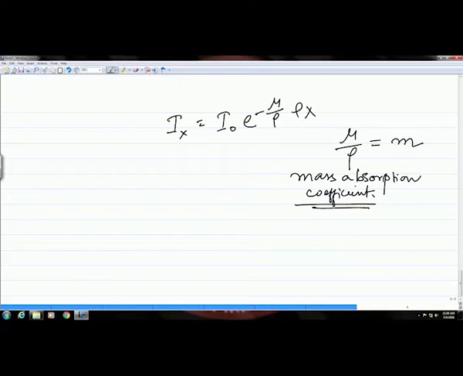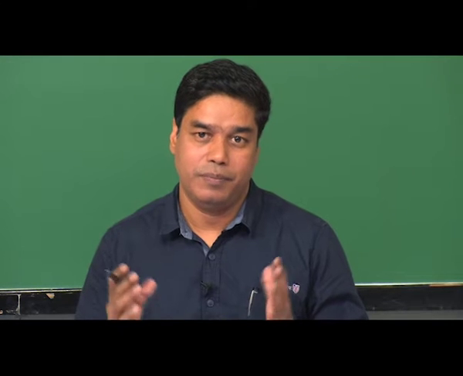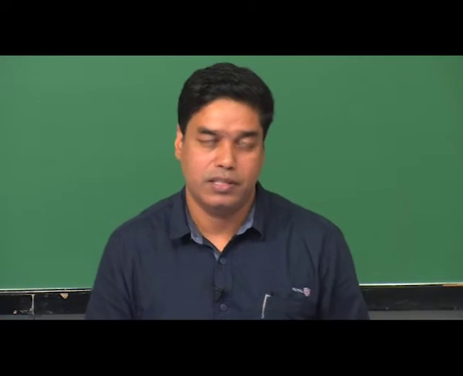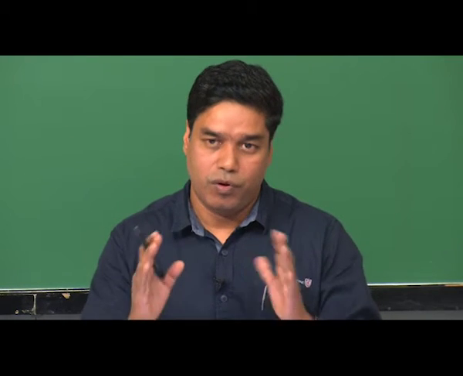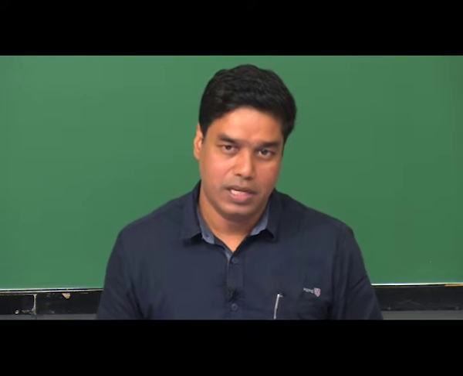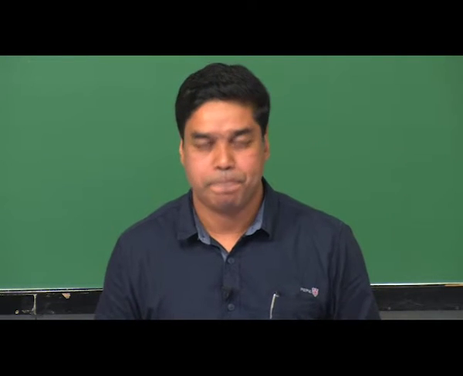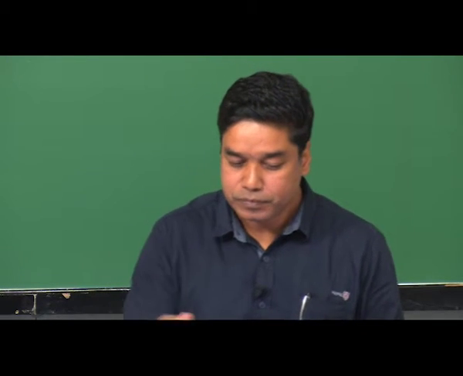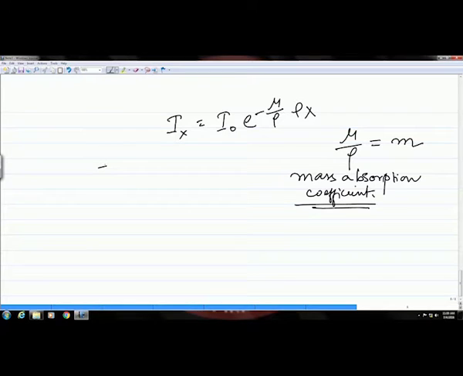This parameter is a better representation of the absorption ability of a material, because it provides the volumetric ability of the material to absorb X-ray energy. Now, if you use this relationship between m, mu and the density of the material, the equation comes down to this form.